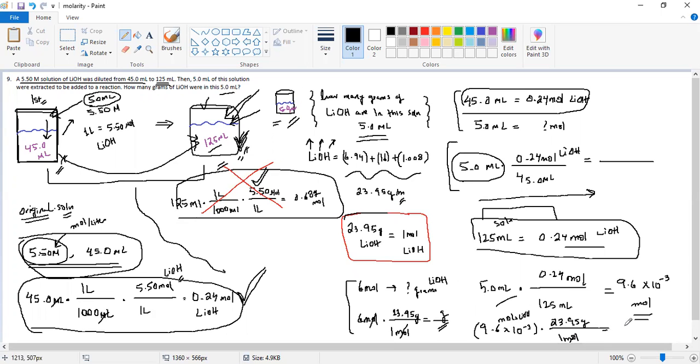So you'd be doing 9.6 times 10 to the power negative 3, and you'd multiply that with 23.95. And you'd get 0.229, and then of course you could round that off to 0.23, right?